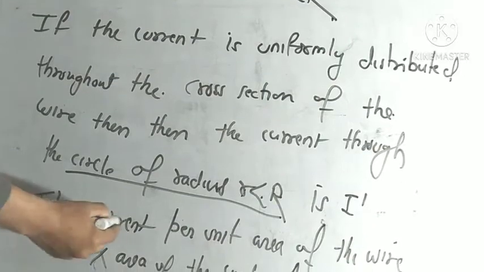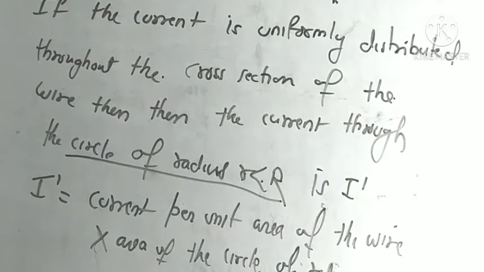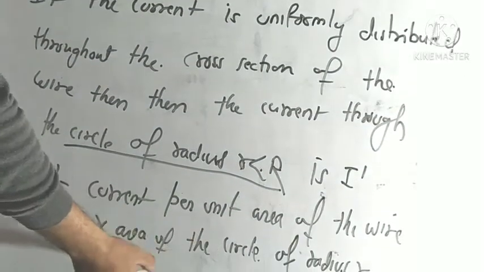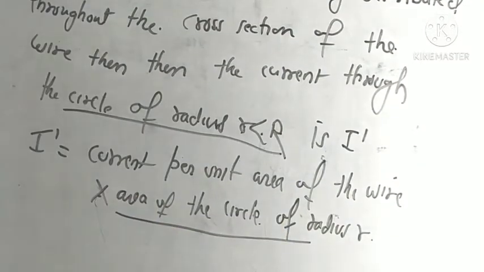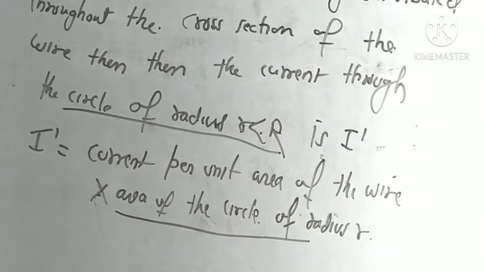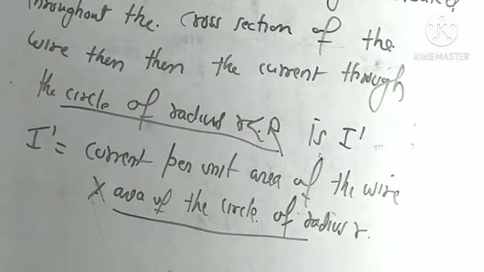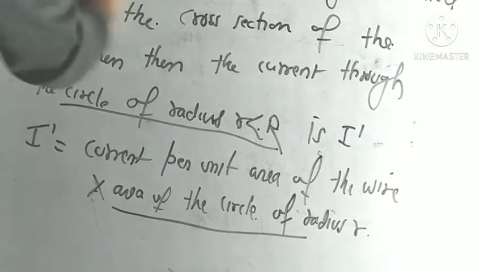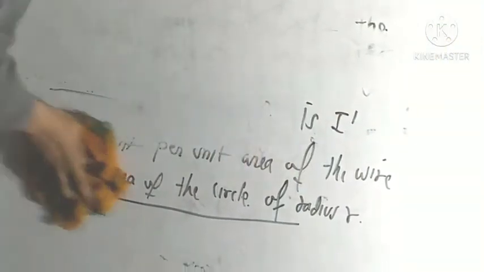So I dash is equal to current per unit area of the wire into area of the circle of radius small r. So we have to find the current I dash here.